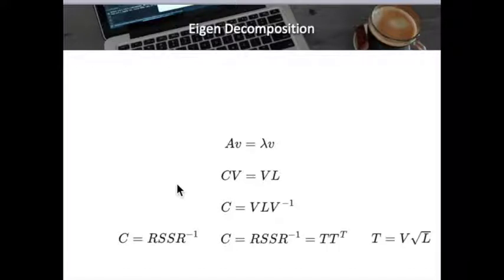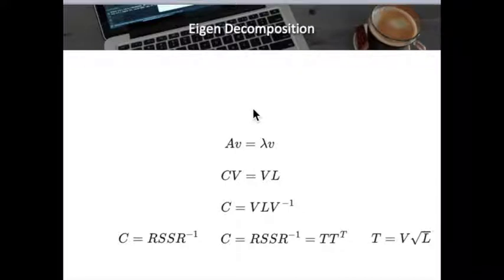From this equation we can represent the covariance matrix as C equals R times S times S times R to the power of minus 1, right? We've defined our scaling matrix as the square root of L, so the square root of L times the square root of L would be L again. So S times S, and R is equivalent to V, which represents the rotation matrix.